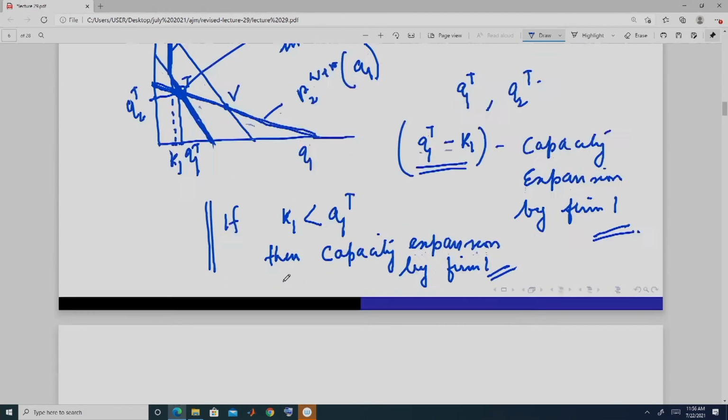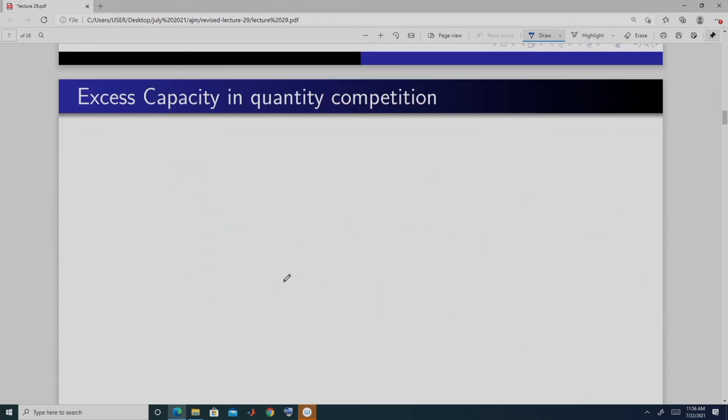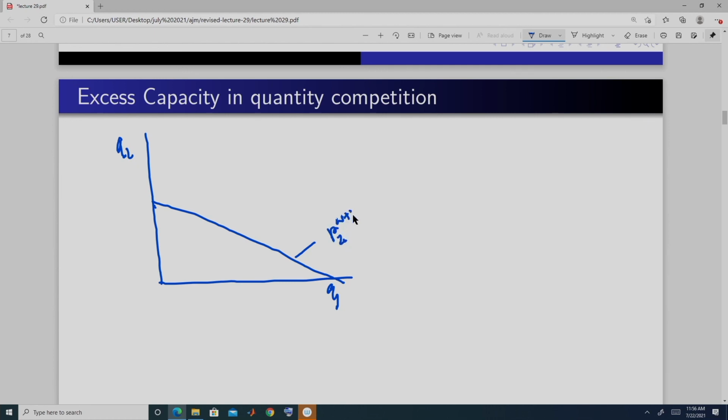Now, firm 1 may have a situation where it has excess capacity. When? So, this is suppose the reaction function of firm 2. This point is T and this point is V. We know these points.